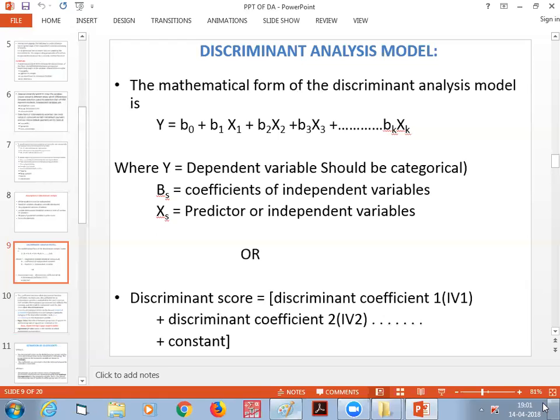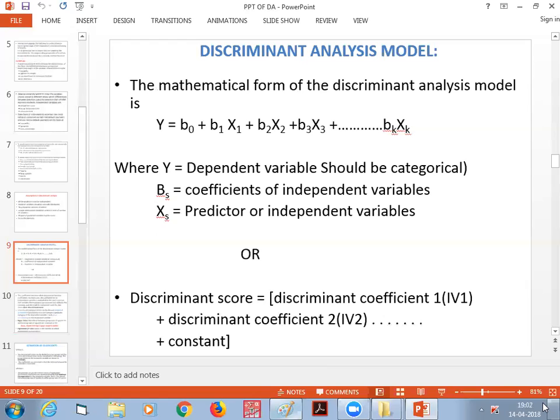So what method is applied? In the regression model, we applied the ordinary least squares method. Ordinary least squares means minimization of the error sum of squares, the residual sum of squares. Residual means the difference between the actual value and the estimated value, y minus y cap. That method I already explained in the previous class.